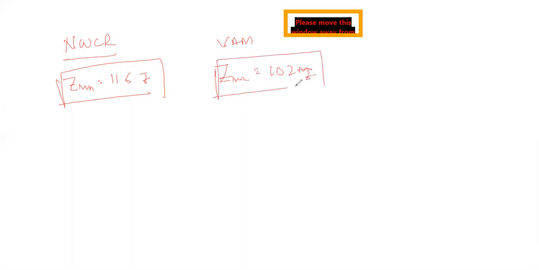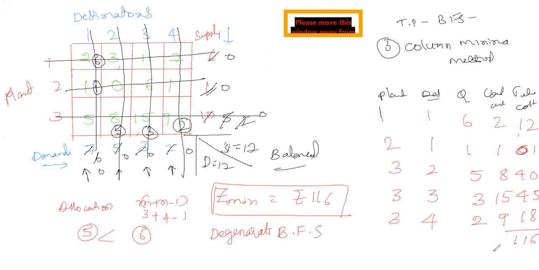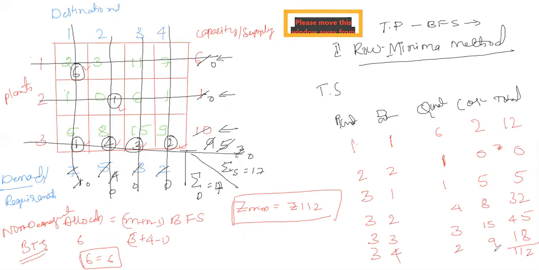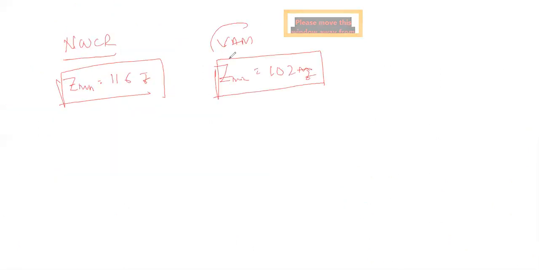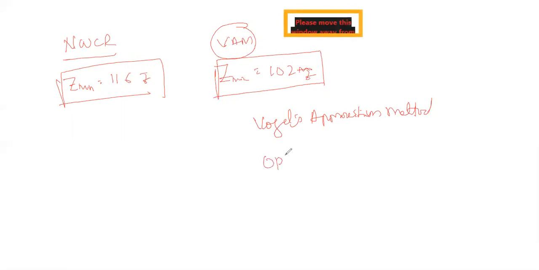So what I want to convey is that all the methods will give you a basic feasible solution, but Vogel's approximation method gives you an optimal solution or near to optimal.